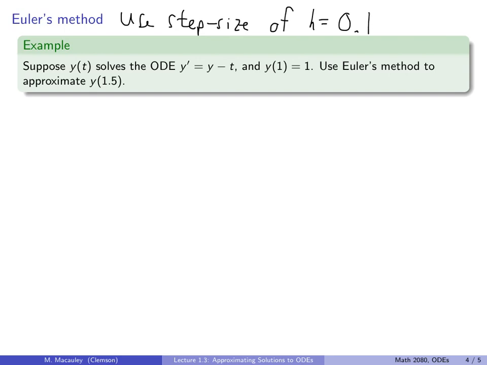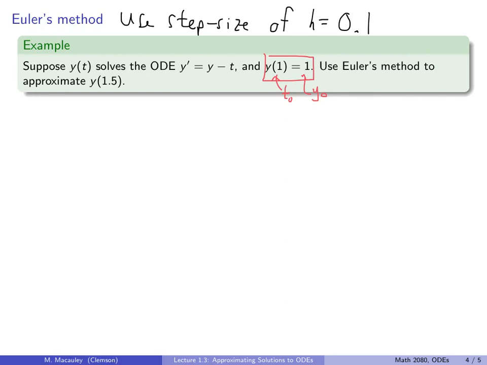Okay, so here's what we're going to do. Here's what we know. This is the t value at our initial point, which is t equals 1. And this is our initial y value, so why not?